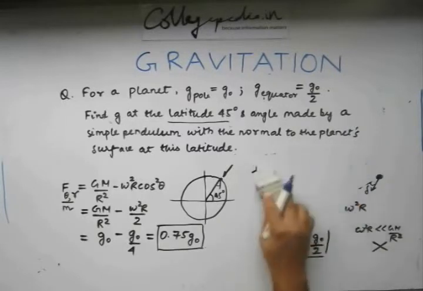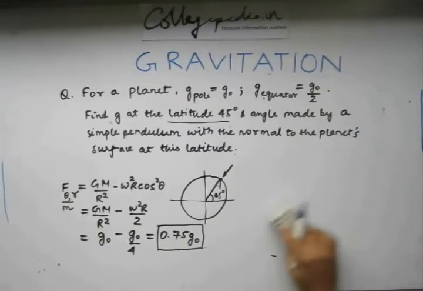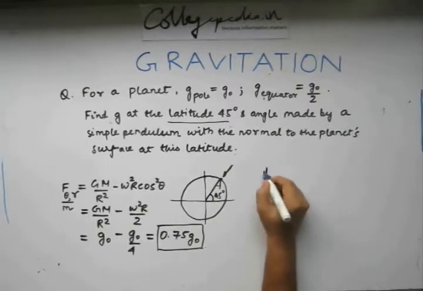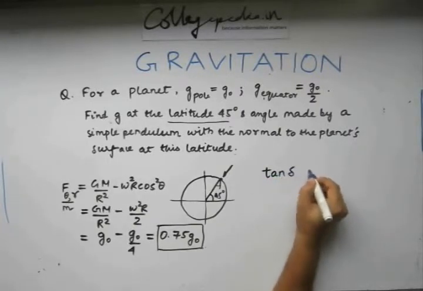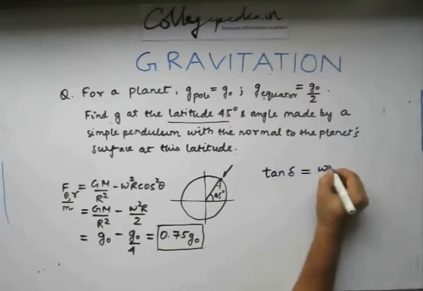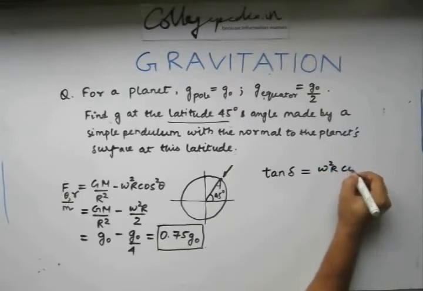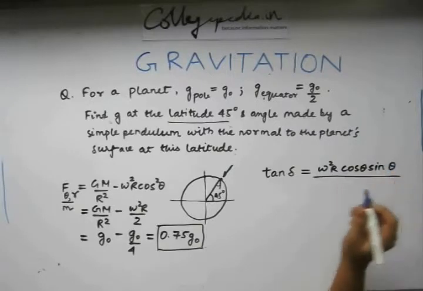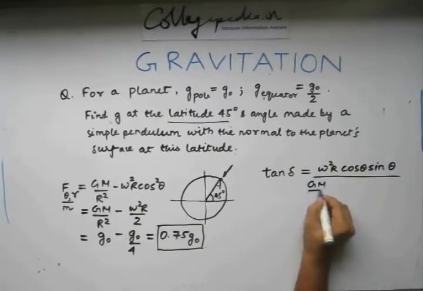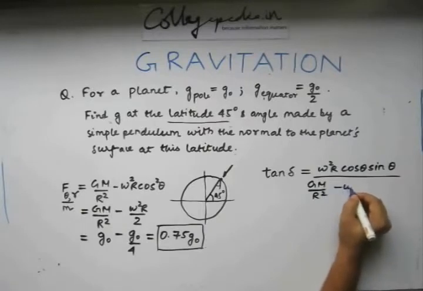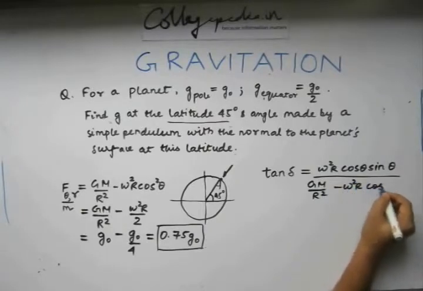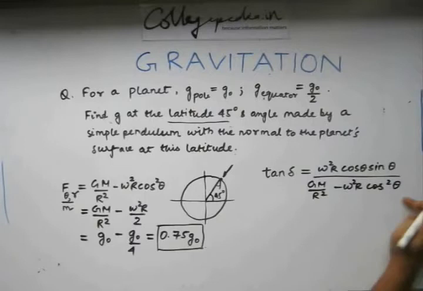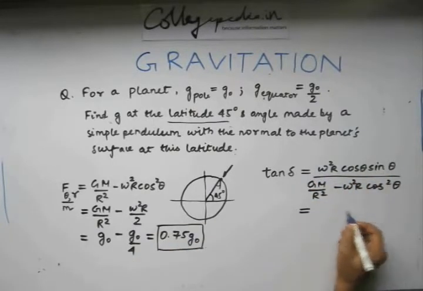From what we derived previously, tan delta was found to be omega square R cos theta sin theta divided by GM by R square minus omega square R cos square theta. This quantity we right now found to be 0.75 g naught. So the denominator is 0.75 g naught.